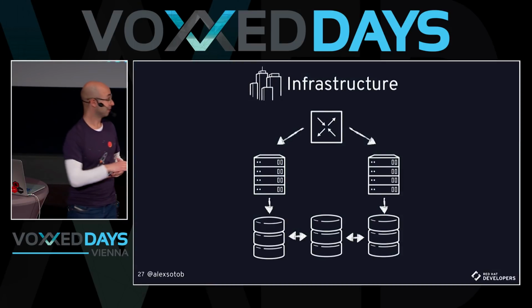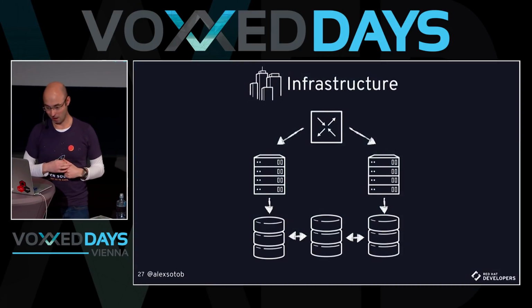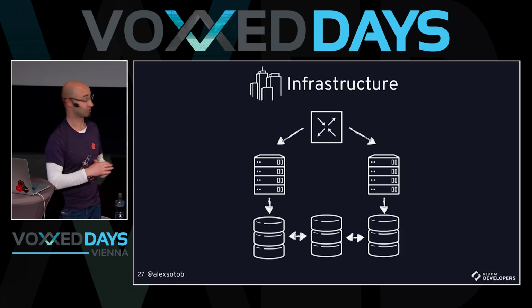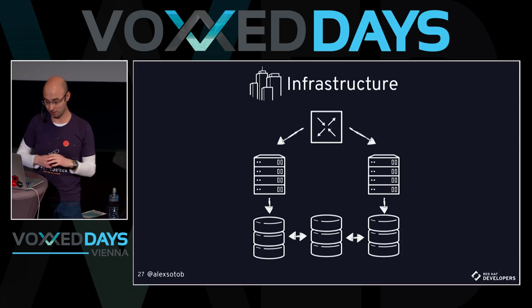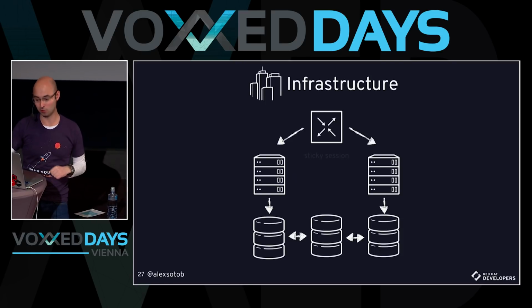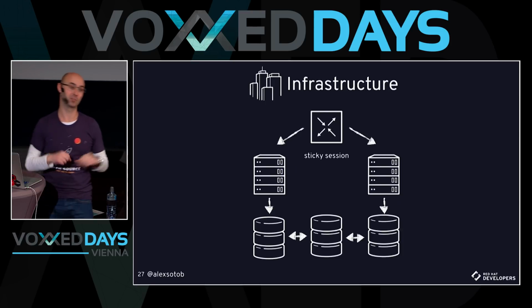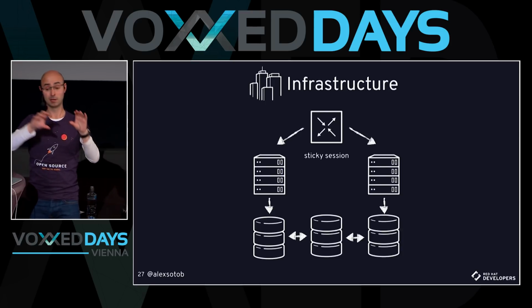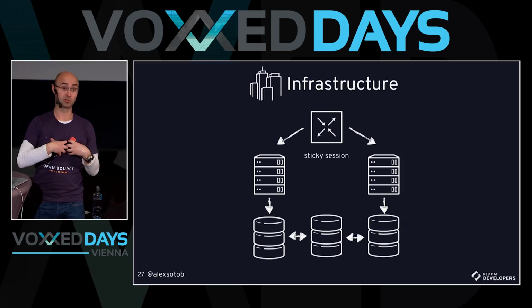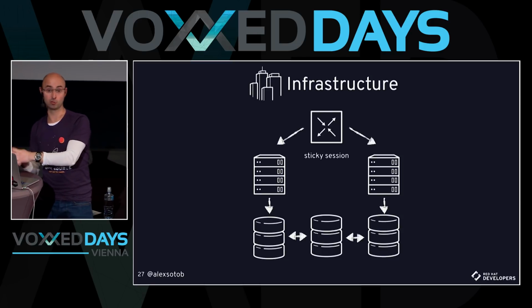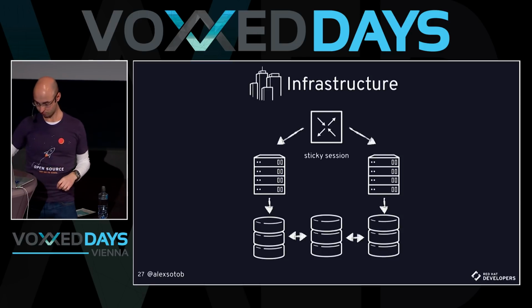How I work with my monolith again: I have this kind of infrastructure where I have the load balancer and so on and so forth, and then I have a request, and this load balancer creates a sticky session, which basically is a pair between my computer and the server that's going to serve my request.